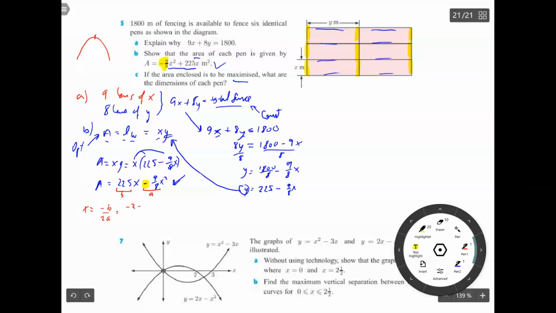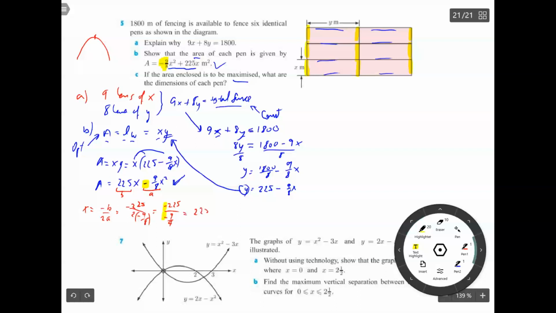So we'll have negative 225 divided by 2 times negative 9/8. So we'll have negative 225, and then 2 cancels with 8 to get 4, so we get negative 9/4 on the bottom. Remember that a negative number divided by a negative number gives a positive number, and if you divide by a fraction, you multiply by the reciprocal.